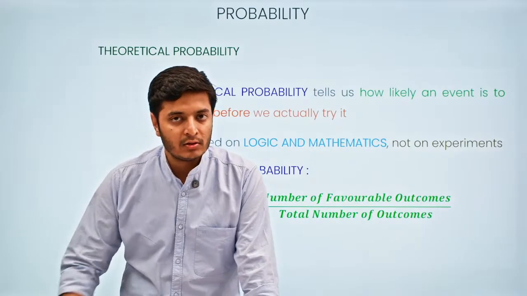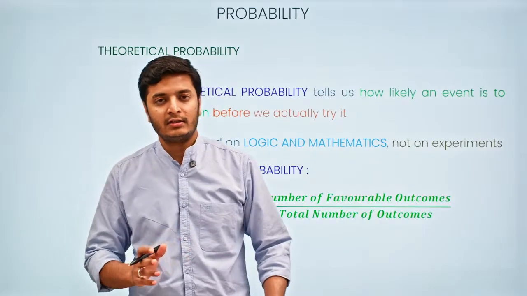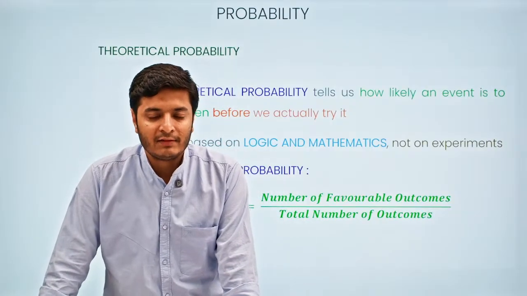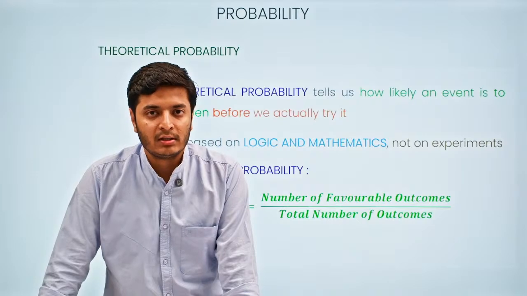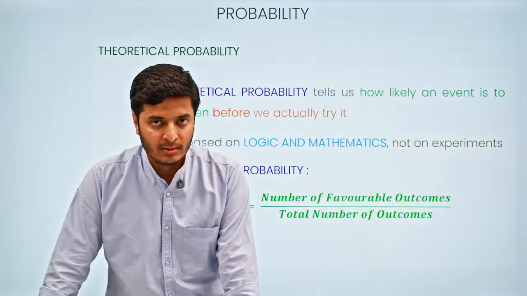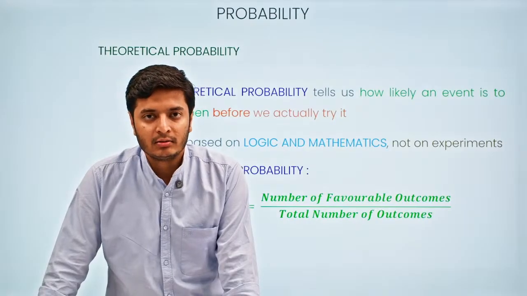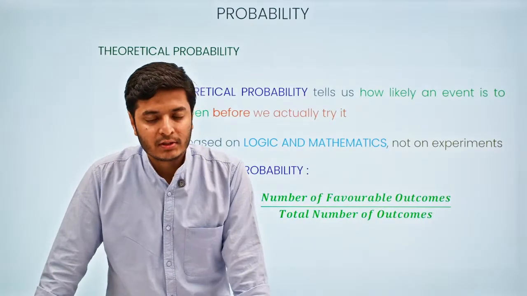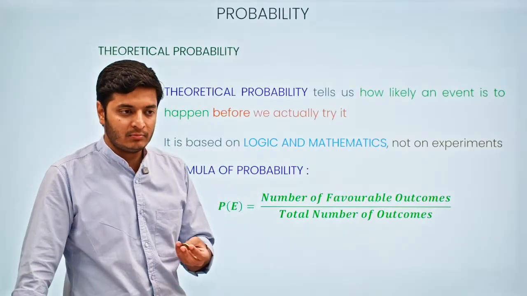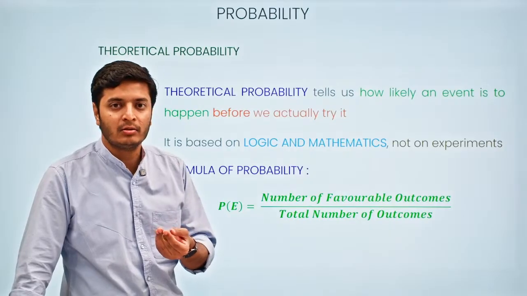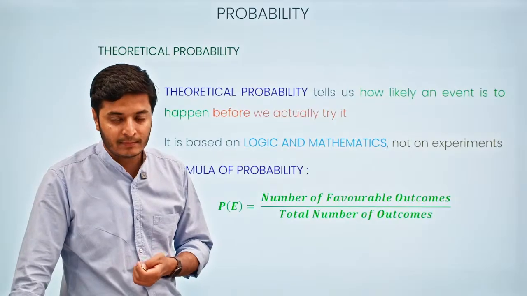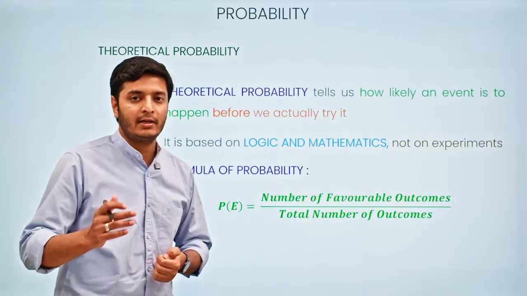They will calculate all the possible errors that there could be, and then act accordingly, correct? They will eliminate all the possible errors, and only then will they go ahead. They will not take a chance depending on whether it will work or not, correct? So there are many things in real life that you cannot bet on by doing an experiment.